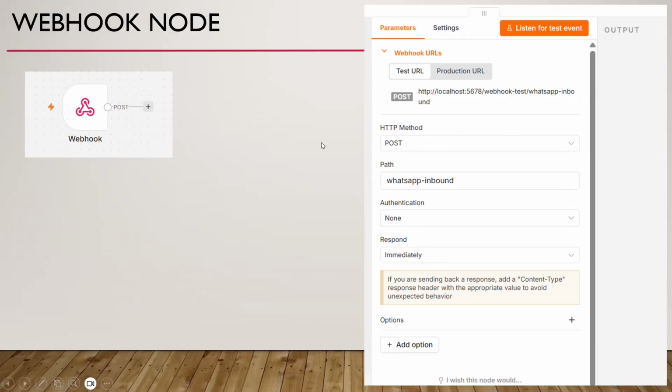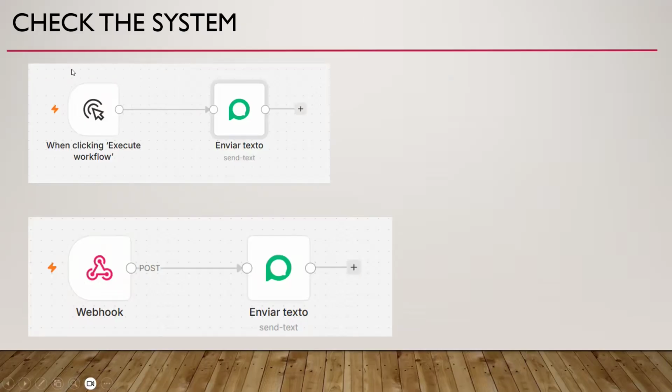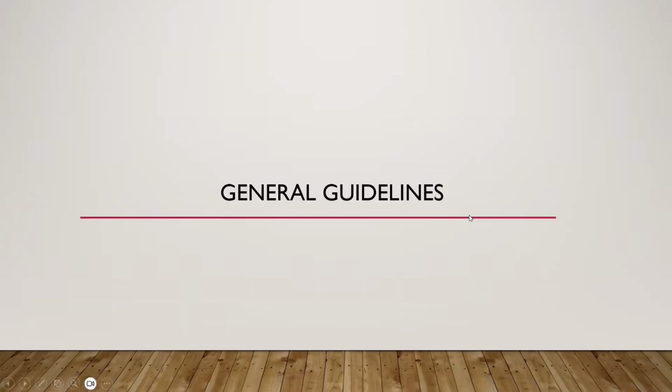So this is how we set our webhook node, and this is an example of directly sending the message. This is an example of receiving the message and sending the message along further.